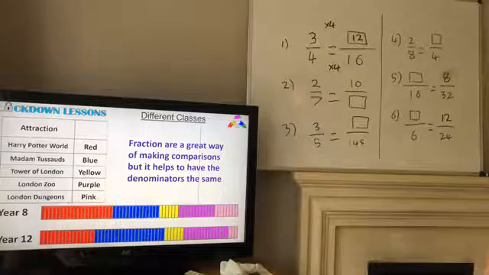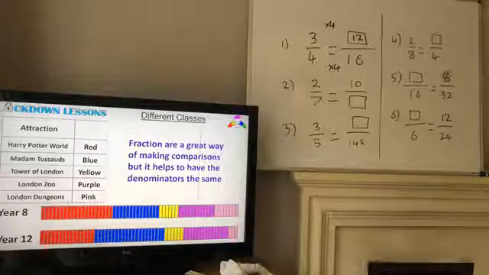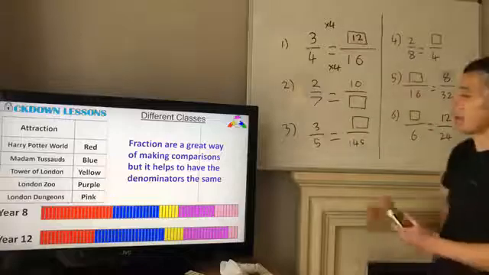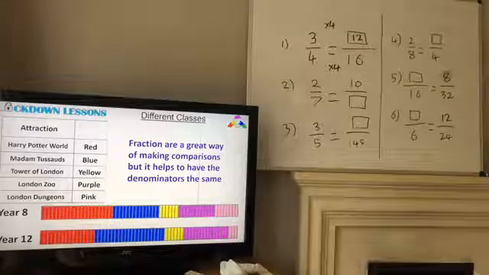Okay, so can you fill in those six, the missing boxes in those equivalent fraction problems? Look what you're timesing by, or maybe dividing by each one there.